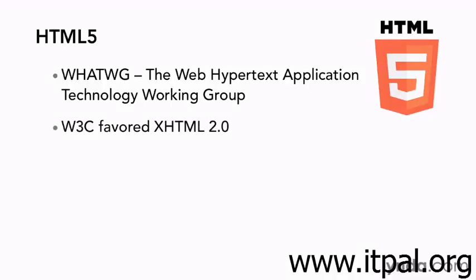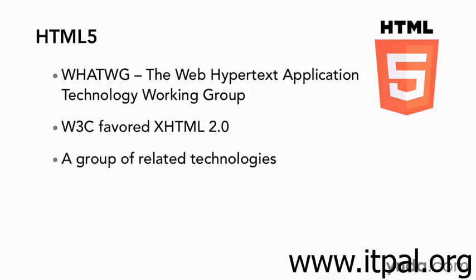Meanwhile, the W3C was working on XHTML 2.0, intended to drive web development into a more standards-compliant world. The web development community did not respond well to this effort, and the W3C dropped XHTML2 in 2009 and began working with the WHATWG on HTML5 instead.